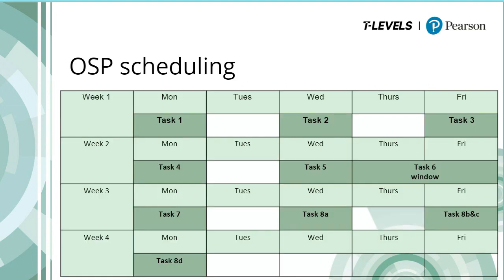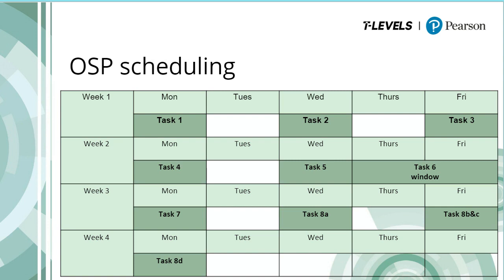Now, just to give you an idea of scheduling, some of the tasks are scheduled for you. Okay, you can provide a little bit of leeway. For example, task 6 is a window. This isn't set in stone. This will change. You may need to change around some of the times where they're sat in the windows to be able to consider when's best for your learners, take into account placements, school holidays, bank holidays, staff training days.